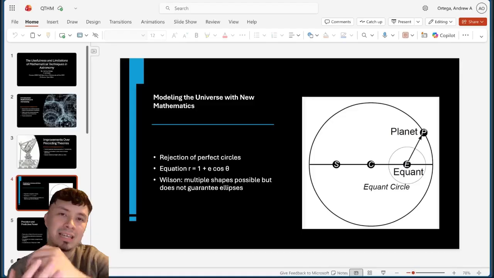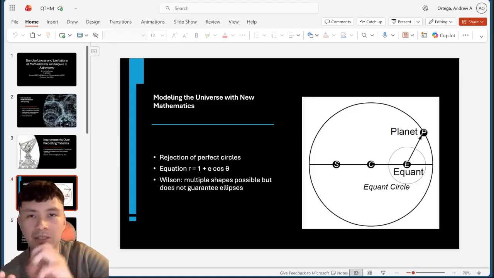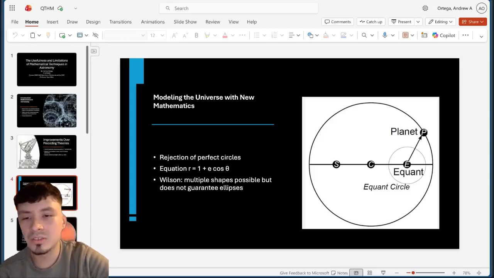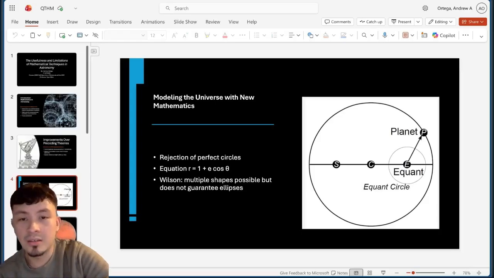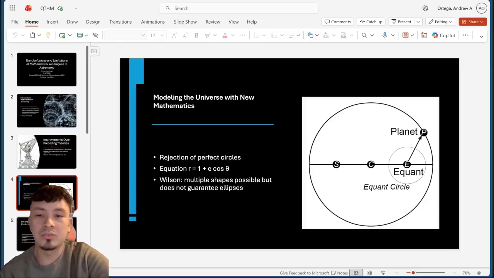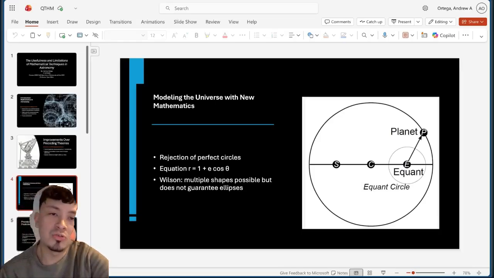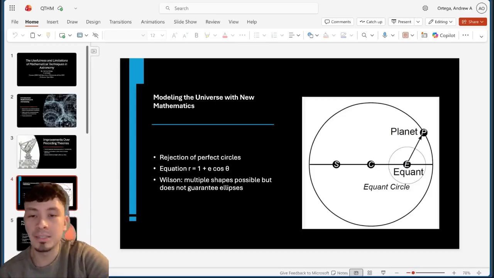But like I said, a possibility, not always the assumption itself, right? For slide 5, like I see here, slide 4 shows the rejection of perfect circles, and also that Wilson shows multiple shapes are possible, but it does not guarantee an ellipse.